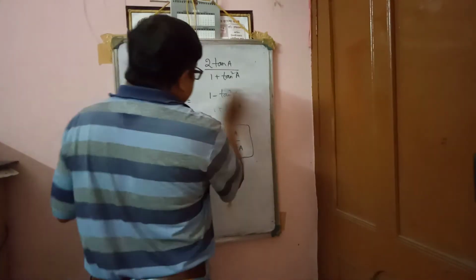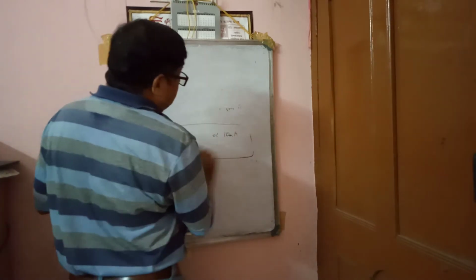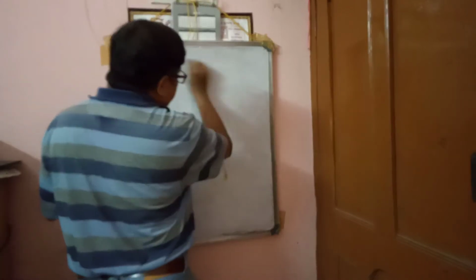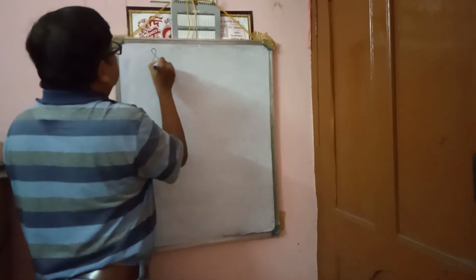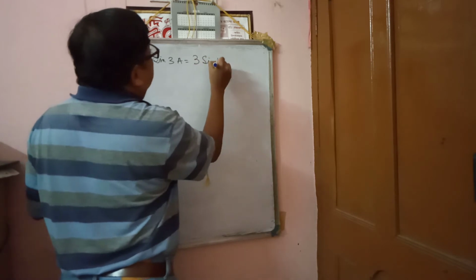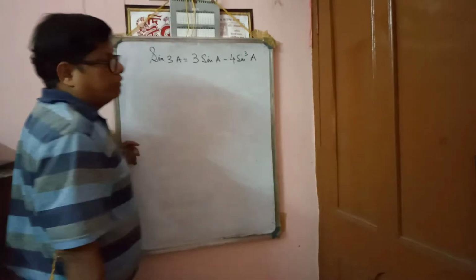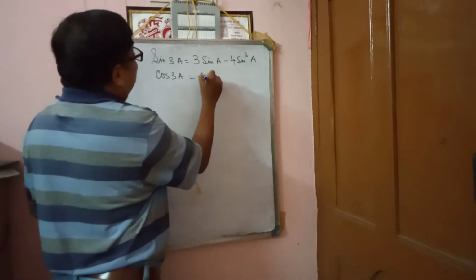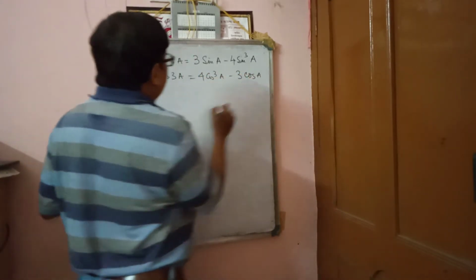Next, suppose sin 3a. The formula is there, a very important formula, all of you remember, in terms of 3. Sin 3a we know is 3 sin a minus 4 sin cube a. Cos 3a we can write as 4 cos cube a minus 3 cos a.